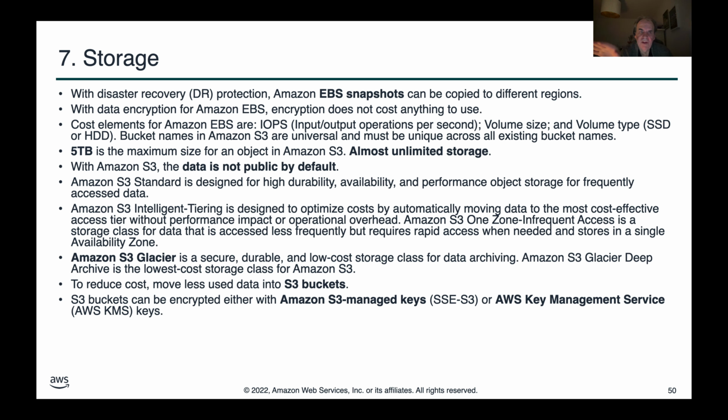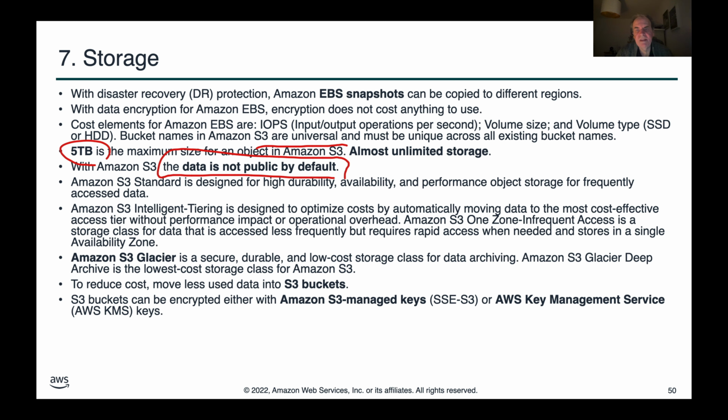Bucket names are universal across the AWS cloud and must be unique for every data bucket. 5 terabytes is the maximum size of an object in S3, but we can have almost unlimited storage. With S3, the data is not public by default, and we must enable it to be public, and then we're typically limited by time for that sharing.